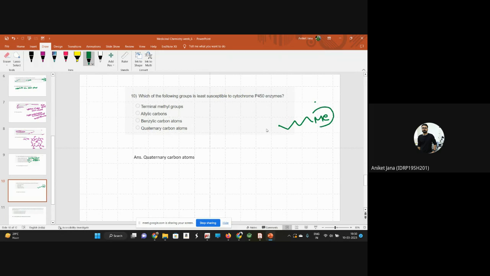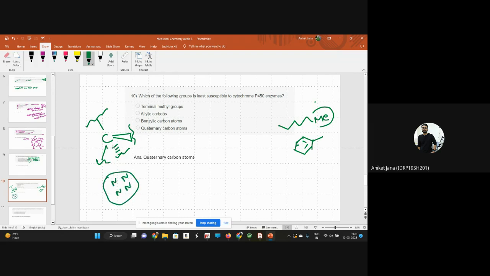Allylic carbon also, and benzylic carbon is attached to only one group. So when a quaternary carbon atom is attached to four different large groups, it is very much buried inside the structure, and due to the steric hindrance it is not approachable to the cytochrome P450, a very large cavity of the porphyrin moiety.